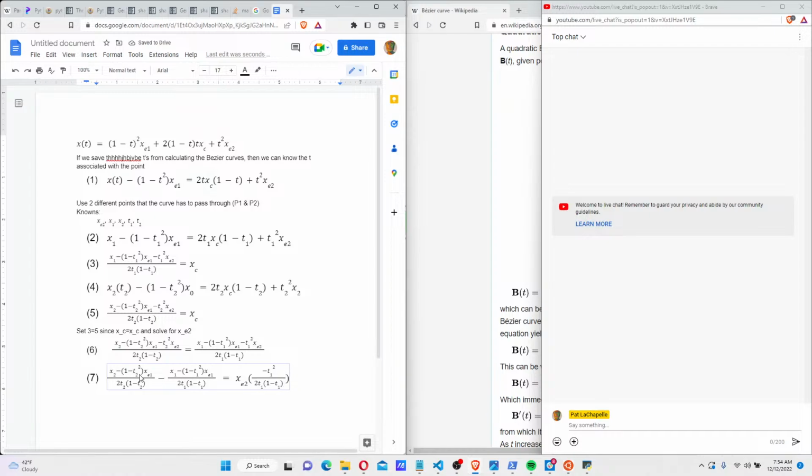Okay, and then plus the same term except with t2's. Alright, that's cool. And now we could get that second endpoint.